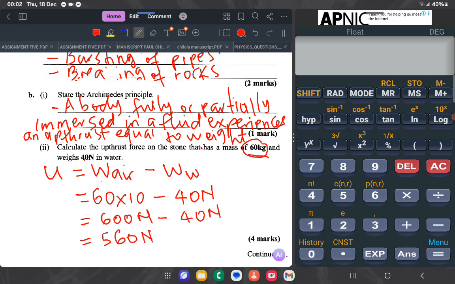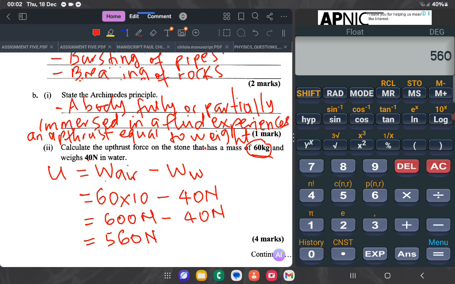Please verify: 60 times 10 is 600, and subtracting 40 gives us 560 newtons. This looks so huge for upthrust, but that's okay because that's what we are given in the statement. So that's the way to go.